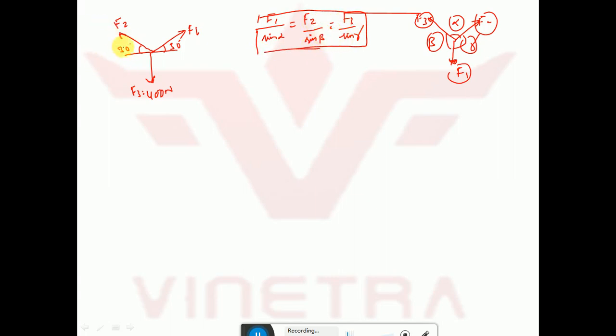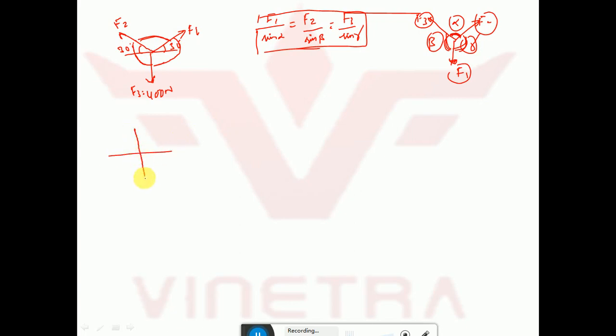Now to apply Lami's equation, I need to know the value of alpha, beta and gamma. So I need to know the angle between force F1 and F2, the angle between force F2 and F3, and the angle between force F1 and F3. The question arises how to calculate those angles.